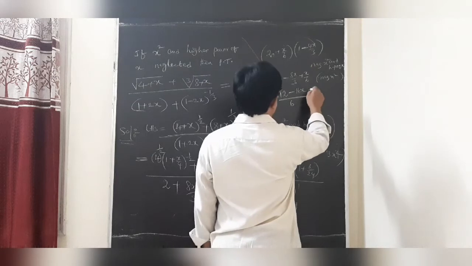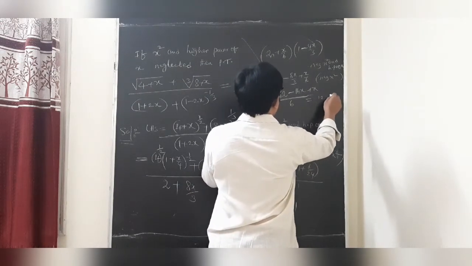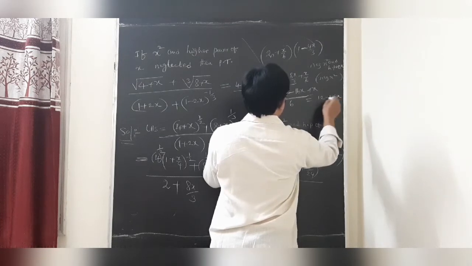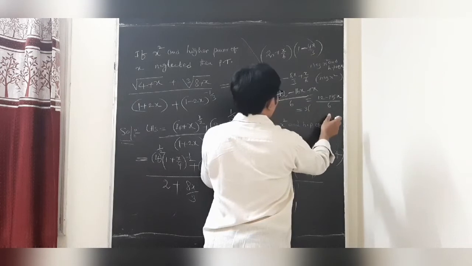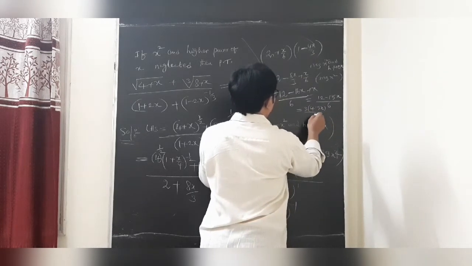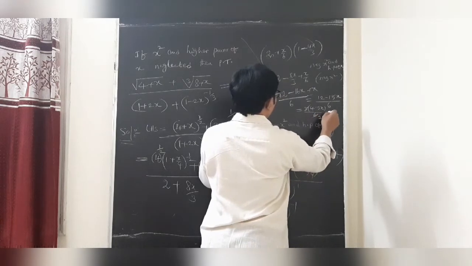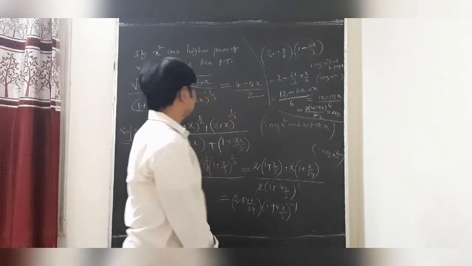After that, this is x. So this is 12 minus 15x by 6. So students, when we take the common 3, 3 4 jar, 3 5 jar by 6, 3 1 jar, 3 2 jar. This is the right hand side. Is it clear students?